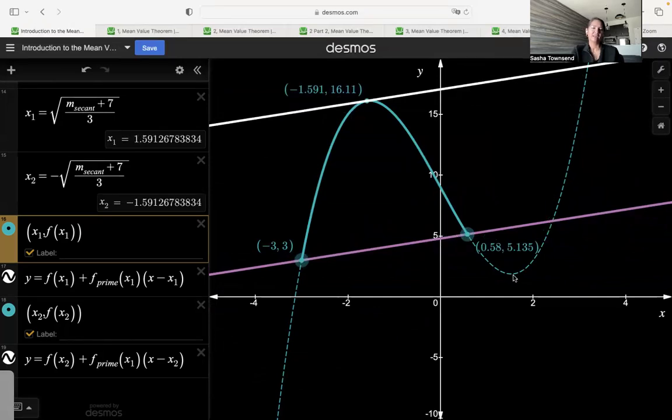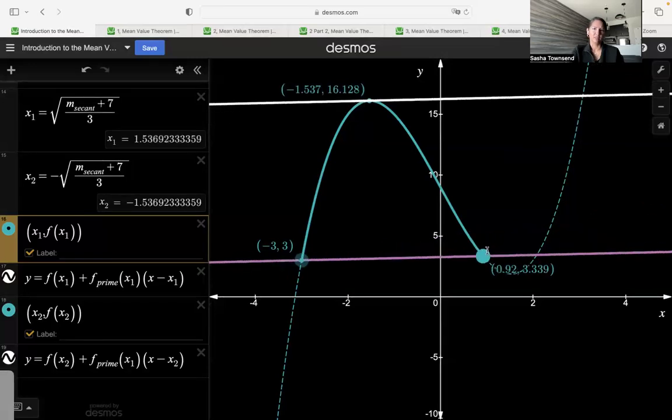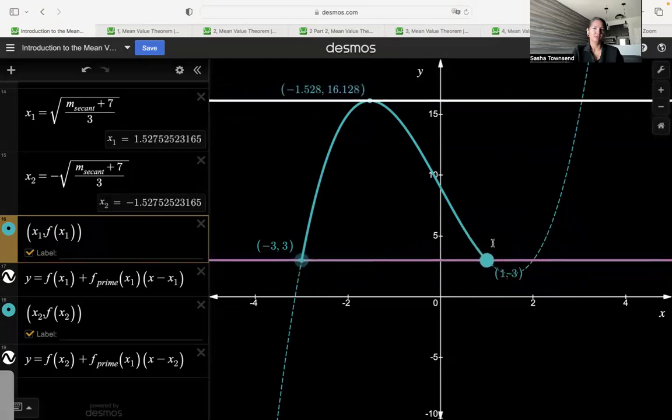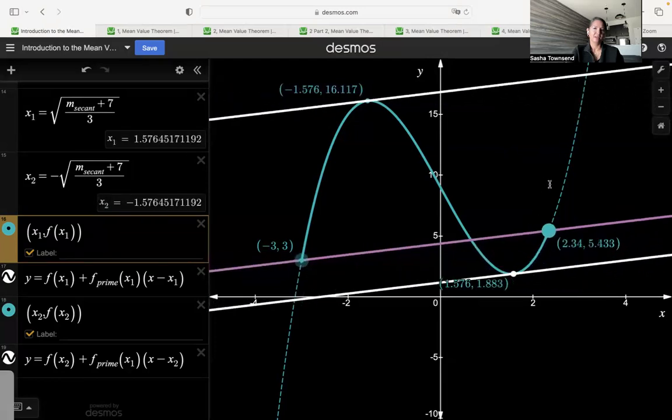We would have had another x value down here, but that x value is not on the interval. The other x value that gives us the appropriate slope is outside of the interval of interest. So you see we don't get that x value until we go past that local minimum.